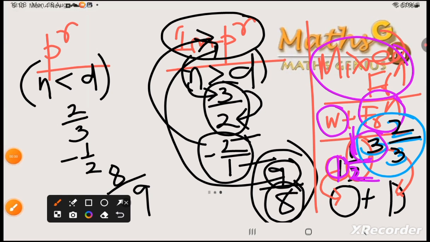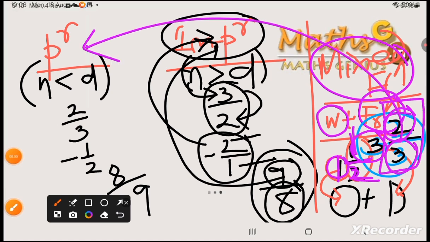What is the numerator part? 2. What is the denominator part? 3. Is the fraction part proper? Yes, because the numerator is lesser than the denominator. Plus with this proper fraction we have got a whole number. They are staying together, they are mixed, that is why it is a mixed fraction.